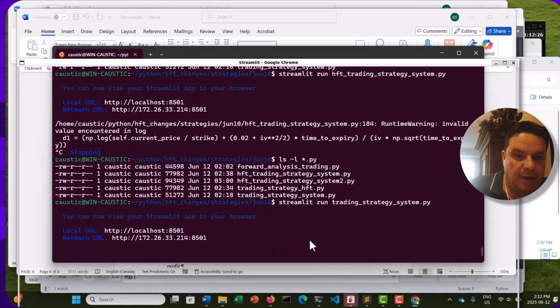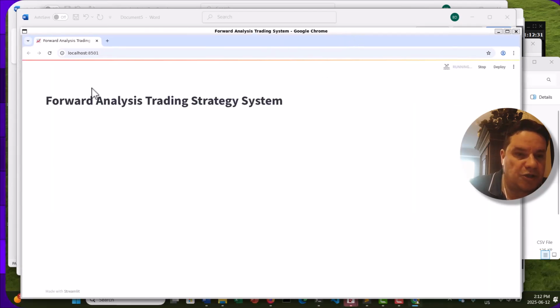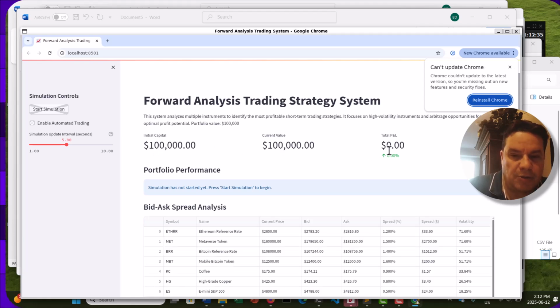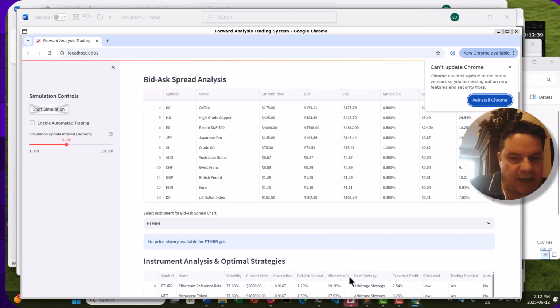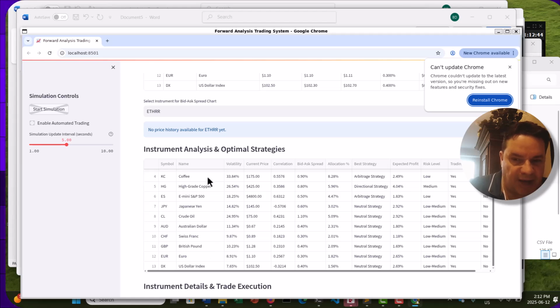Again, this is a Streamlit application, and it's the first one out of a few I'm going to show you. You can see here we have a $100,000 allocation and total P&L. We're still using the bid-ask spread because I specifically asked for that. The other thing is exactly what comes out of the summary, which I'll show you later in this video.